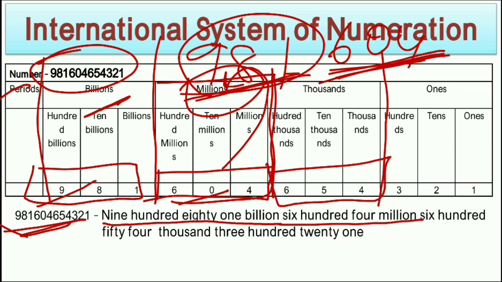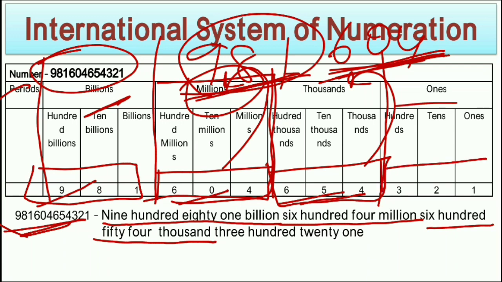How many digits are there? 654. It means 654 thousand. Now in the ones period what is there? 321. I hope you understood how to numerate the numbers according to the international system of numeration.